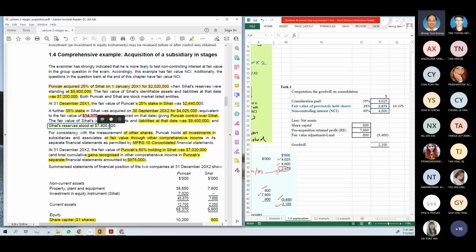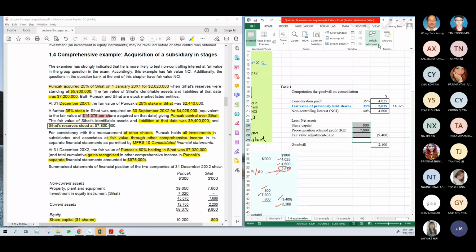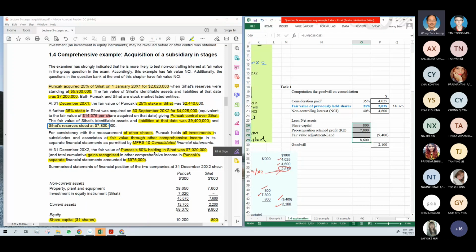But when they add up, we know net asset is share capital plus pre-acquisition reserve, but it can't reach 9,004. So that has a difference. So reserve and here you add up 8,006 and 9,004. This is a difference.